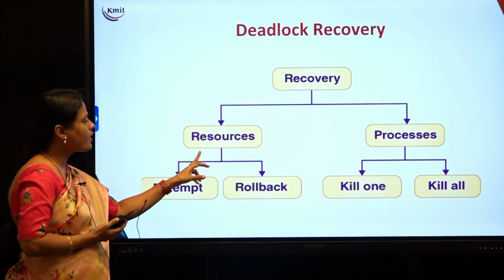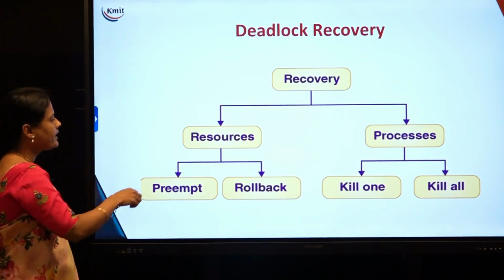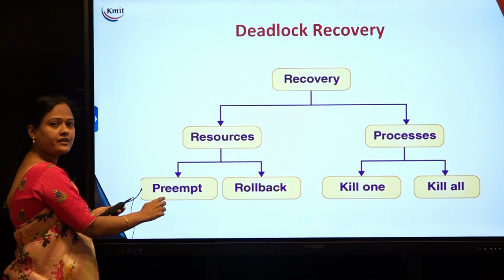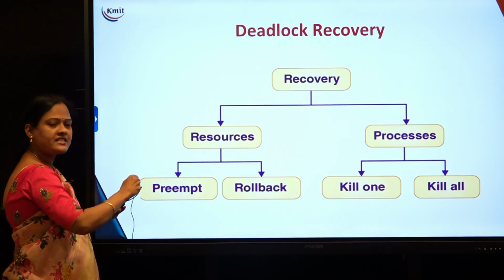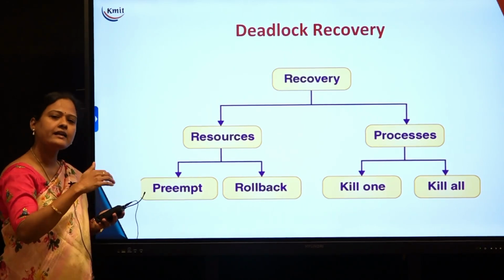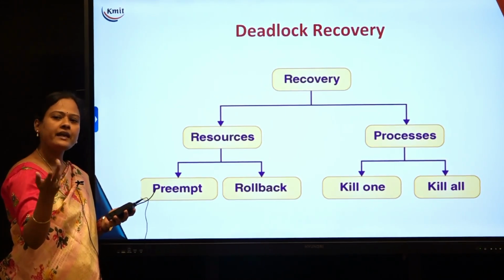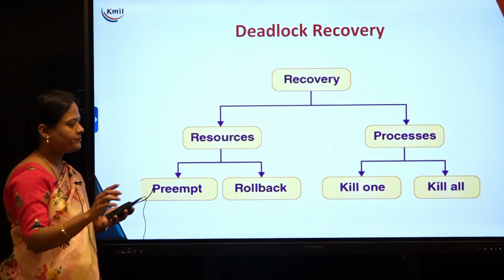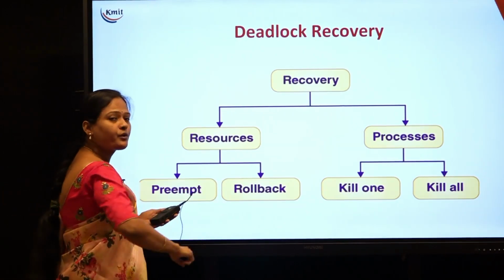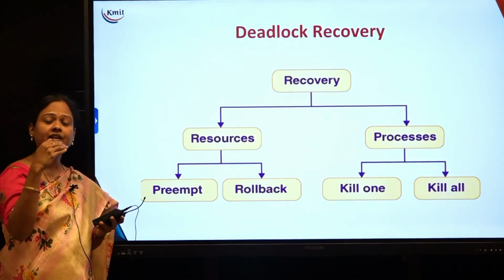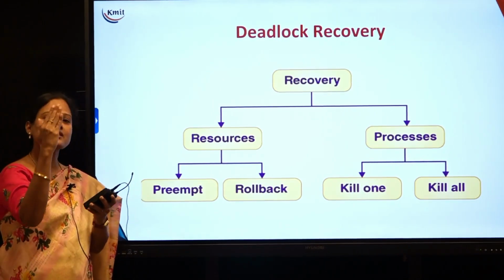Now, if I only concentrate on my resources, I can either use the method of preempting, where you forcibly take the resources from a process and allot them to another process. In that case, at least one process will be able to complete. Or else you go for rollback, as we will learn in DBMS, where you go back to a safe state.